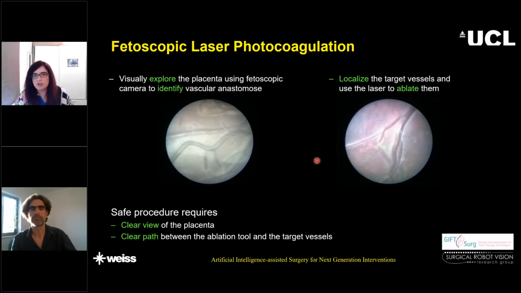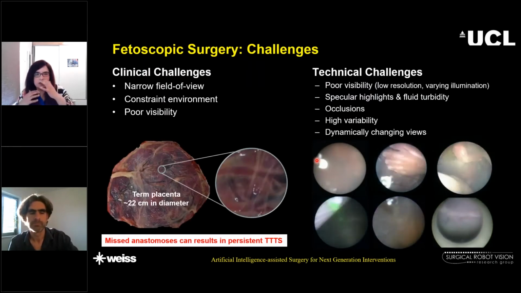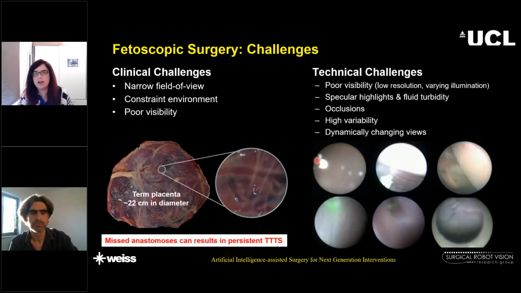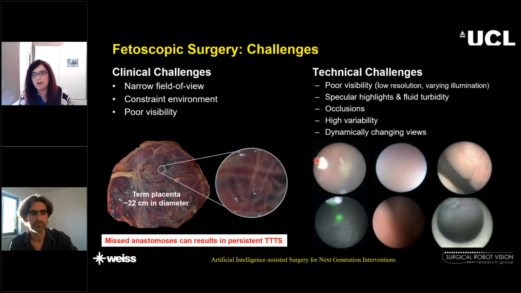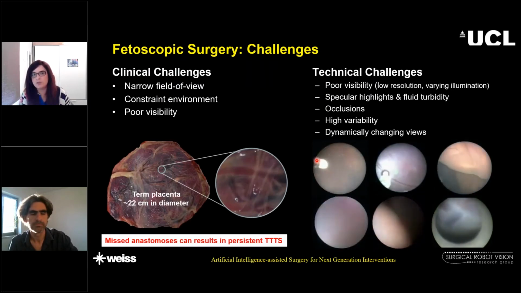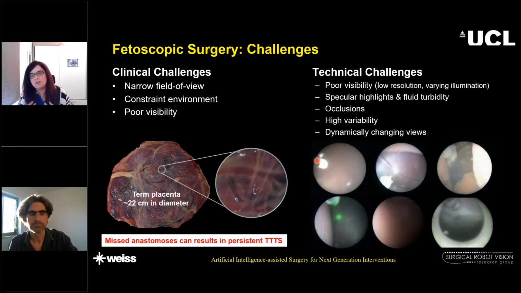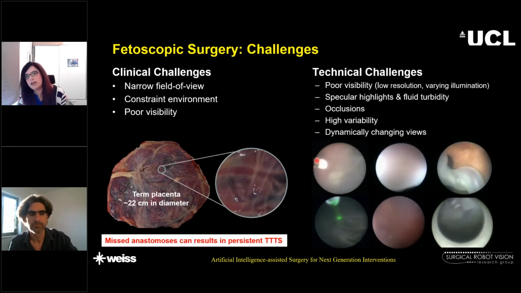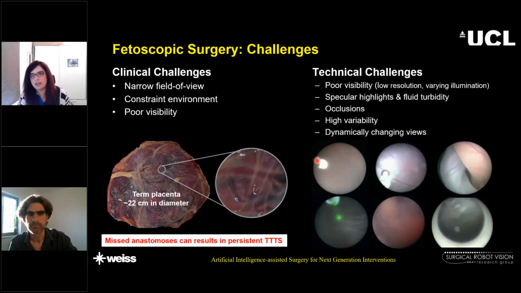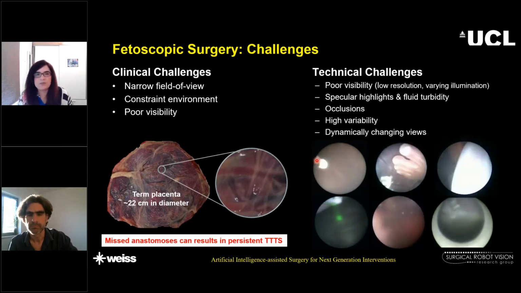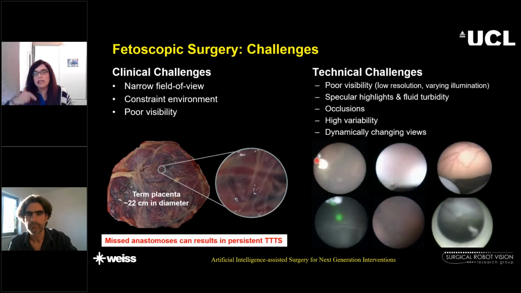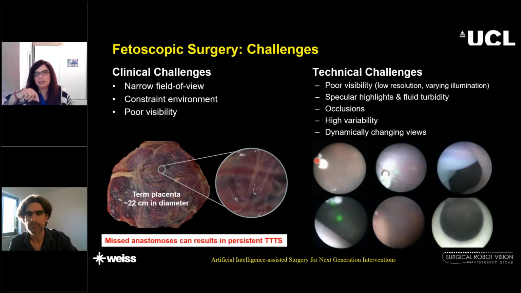In the context of fetoscopy and also in the context of laparoscopic surgery, there are a lot of challenges involved during the procedure from a clinical perspective, and also from a technical perspective, from the visual perception or the AI that we want to develop for these kinds of surgeries. From the clinical side, the field of view is quite narrow, and the environment is quite constrained.